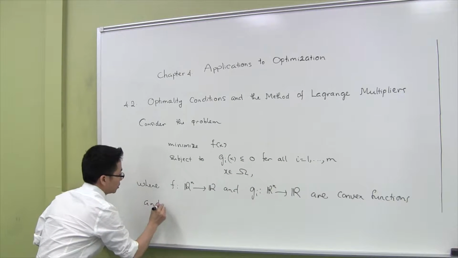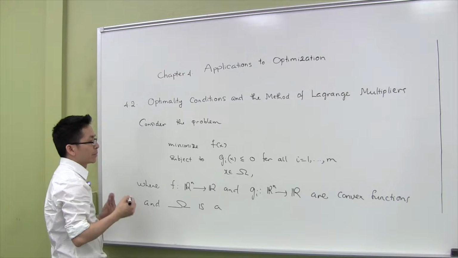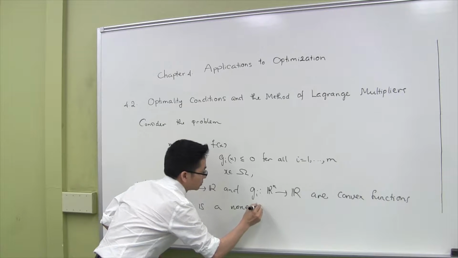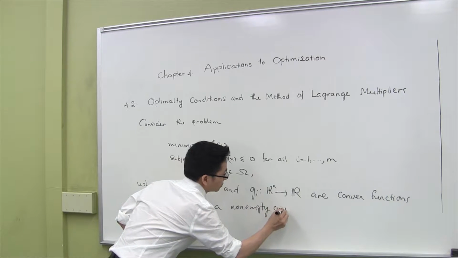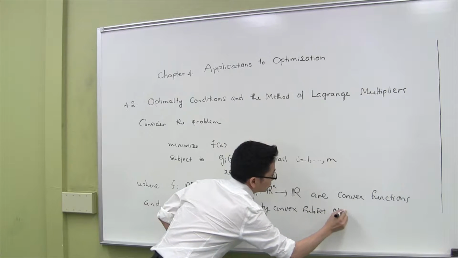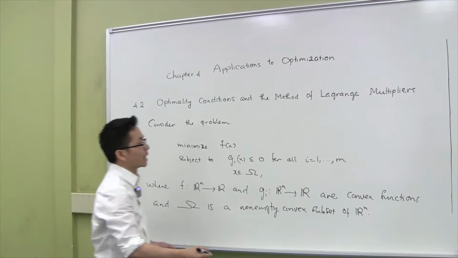And omega is a non-empty convex subset of Rn. Okay, and we denote this problem by P.